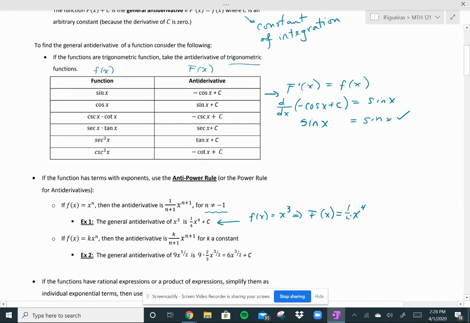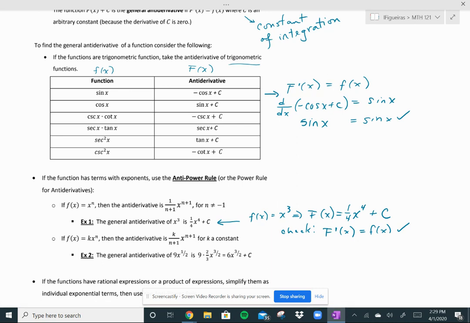So that's 1/4 x to the fourth, and then you need to add your constant of integration. That's what you see here as your antiderivative. And just as I explained before, you should probably do checks until you get more comfortable with this. Check if capital F prime of x equals f of x. In this case, it does, so you know that your work here is correct.